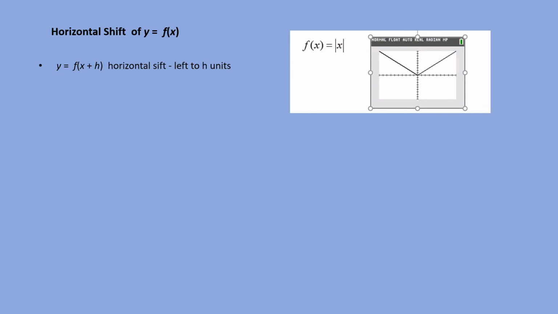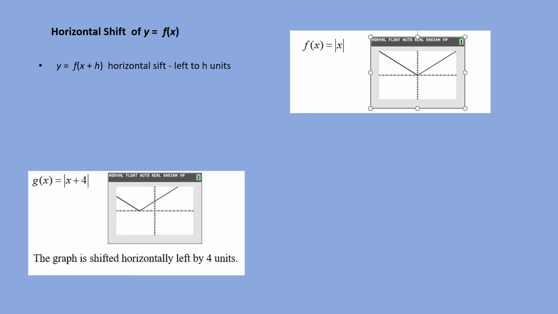The other transformation is the horizontal shift. You can either shift it to the right or to the left. If I add a constant to x, not to y, but x, it is shifted to the left. That is, if the function f of x is given like this, absolute value of x plus 4 will be shifted to the left by 4 units.